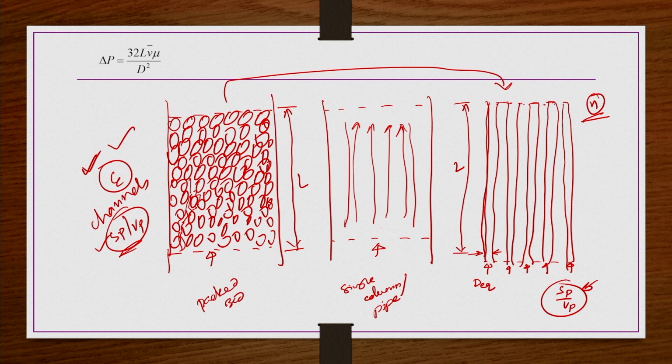Now, in this representation, d equivalent is the diameter of the capillary, that is the flow channel dimension, the dimension providing the space through which the fluid is flowing in the capillary. This d equivalent we are going to find as a function of epsilon, packing particle diameter, etc., for a given real system.